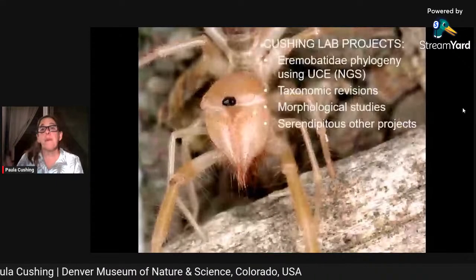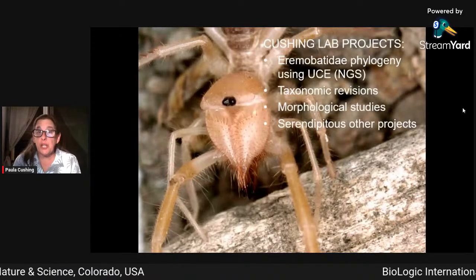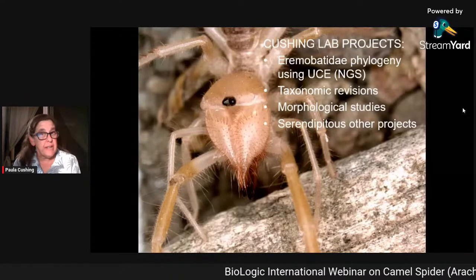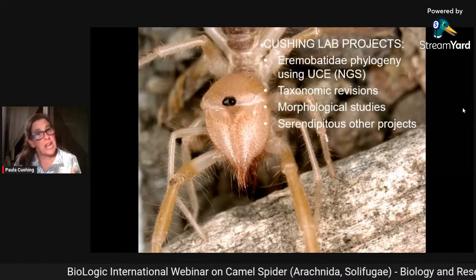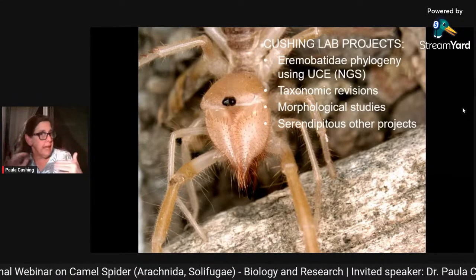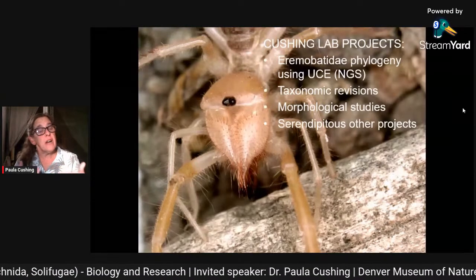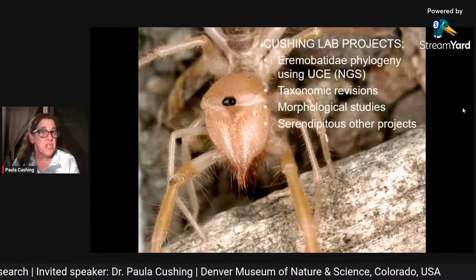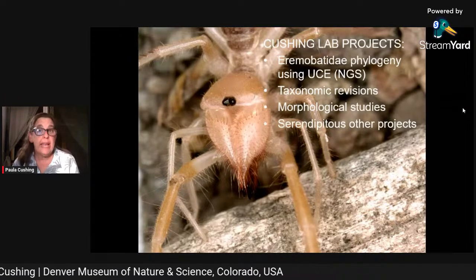So some of the projects that my lab has been focused on include trying to better understand the phylogeny, the evolutionary relationships between different genera. Genera is the plural of the word genus: kingdom, phylum, class, order, family, genus, species, genera. So we're trying to understand the evolutionary relationships among the different genera and different species within the family Eremobatidae.